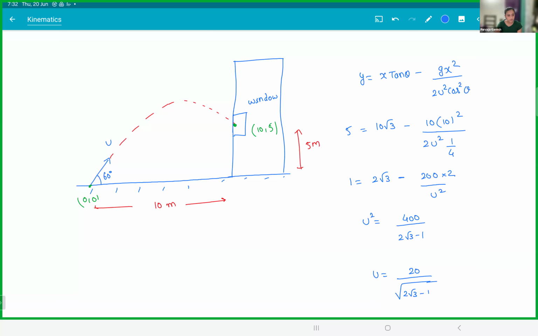Perfect. Now, same thing. Let me just modify the question a bit. Let's say you're projecting with u and theta. Let's say on the left side of the boundary, the gravity is g, and let's say this distance is R by 4.